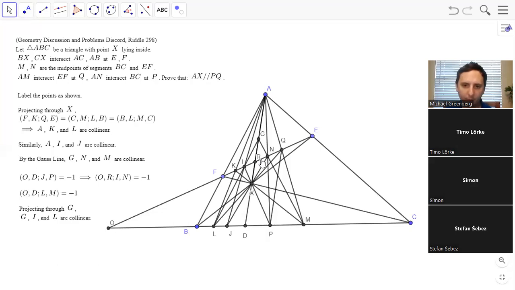So Q, that point, N and I would be harmonic. And then projecting through A, that would mean J. Oh yeah, that would be kind of tricky because we'd have to draw another point in. I like that idea though.